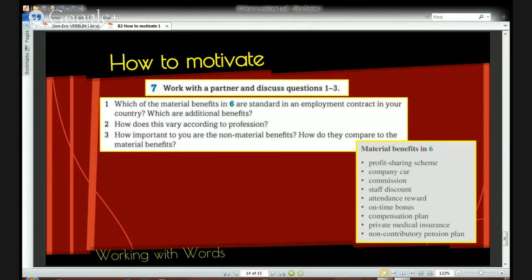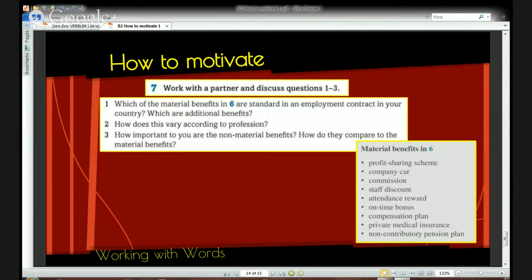How does it work? Well, when I worked in a company, I had private medical insurance and staff discount. They were standard. But when I moved to the college to work there, I have this commission if I work extra hours or something like that.